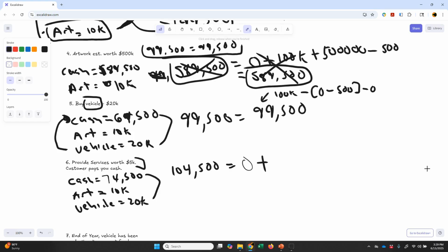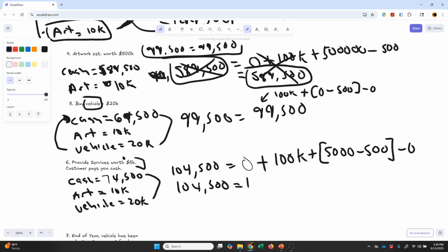No liabilities, 100K in contributed capital still, plus our profit, which is now we have revenue. Okay, we've just generated $5,000 in revenue. We had that $500 of expense for utilities and no dividends paid. And so if you add all this up, we have 104,500 on the right side equals 104,500.